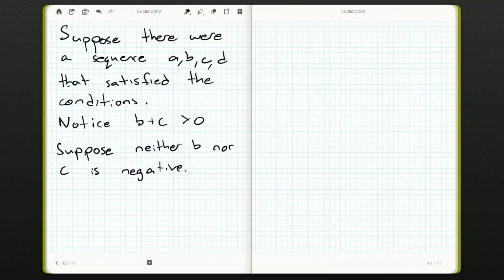Suppose that neither B nor C is negative. We know that B plus C plus D is negative.